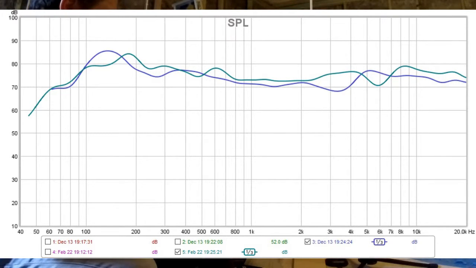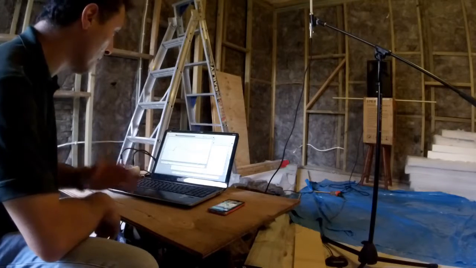As you can see, the peak, which was about 130 hertz, has got a little bit lower and moved up to 182 hertz, which is actually a better response. And the dips around 3.3K or 3.5K have come up, and now we have a dip around 5.8K and then it goes back up again.